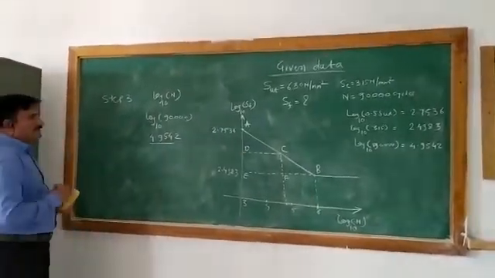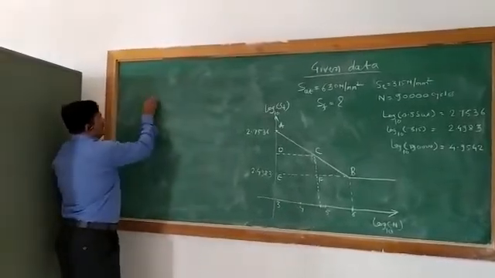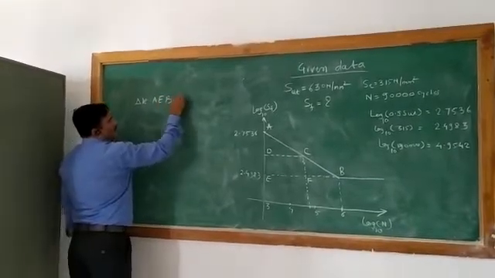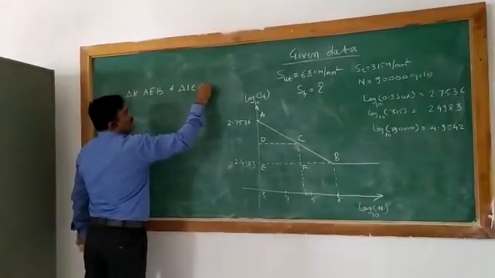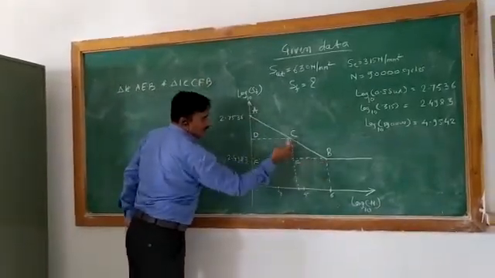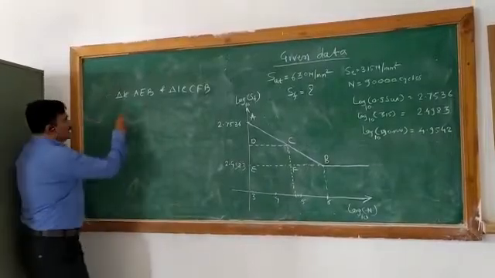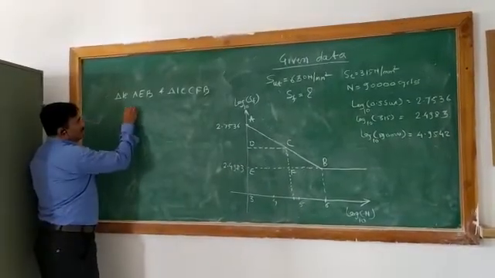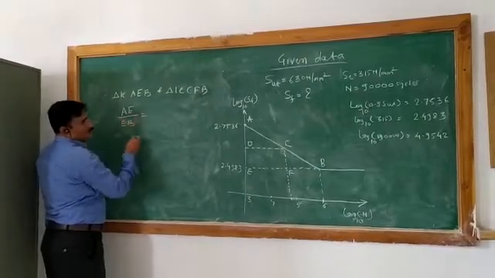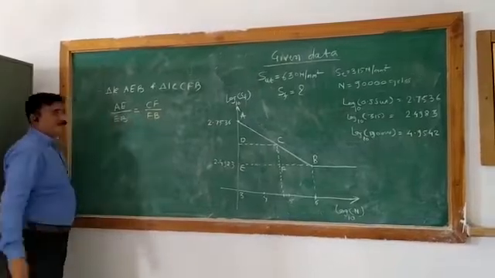Just look at this figure, and take triangle AEB and triangle CFB. These are similar triangles. So I can write AE by EB is equal to CF by FB.